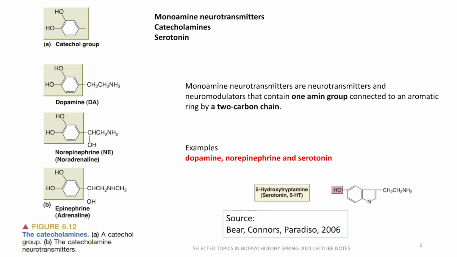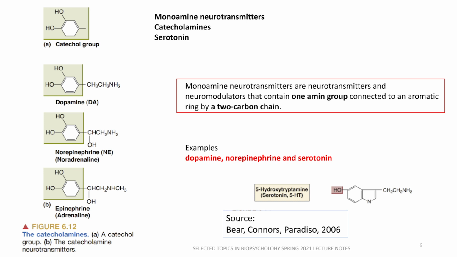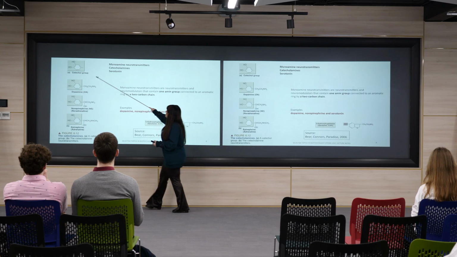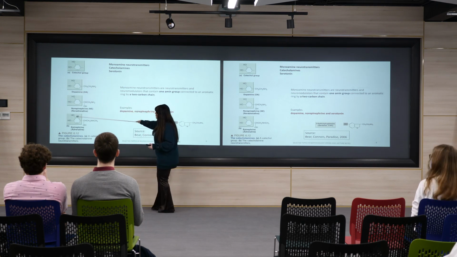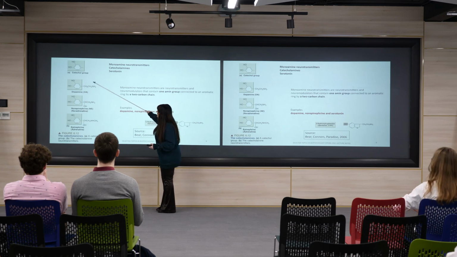So the monoamine transmitters are actually transmitters or neuromodulators that contain one amine group connected to an aromatic carbon ring. For example, here, this is a group called the catechol group. You don't need to know so much detail about it, but I am sure you remember from high school chemistry that this is a benzene ring, okay? A benzene ring which has two oxygens attached to it. This is the catechol group, and then each of these major catechol groups is attached with an amine group.